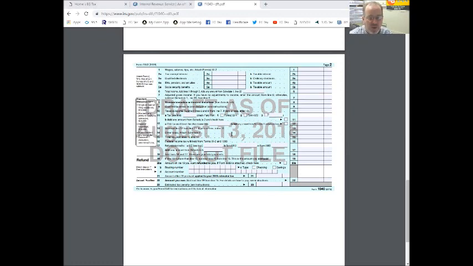I know it's hard to read where it says draft, but if you look at the line that's 11, and it says B, it says add any amount from Schedule 2. Schedule 2 is the section calculating tax. We're going to be talking about non-refundable credits and refundable credits. They each have their own little postcard.